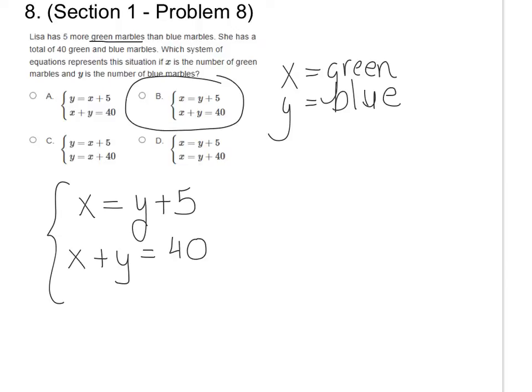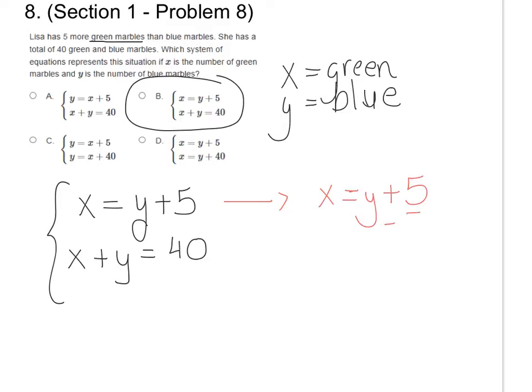But just keep in mind that there are lots of ways that you can manipulate these equations. So if at first you don't see your answer, don't assume it's wrong. Think if maybe you could manipulate these equations. So for example, if I take my first equation, x is equal to y plus 5, and maybe I would solve this equation for y.